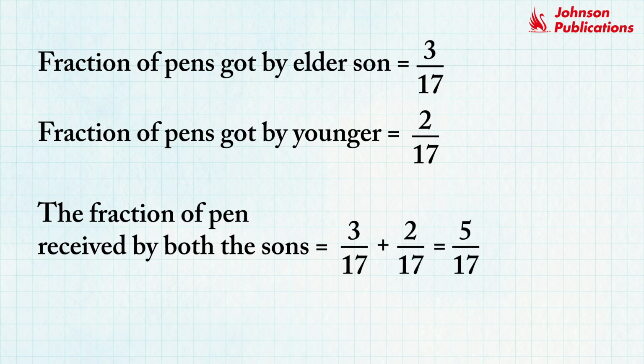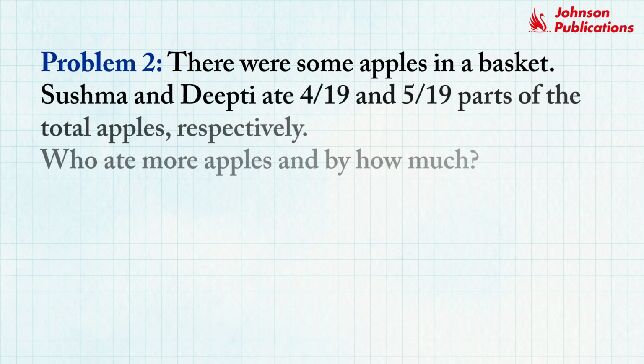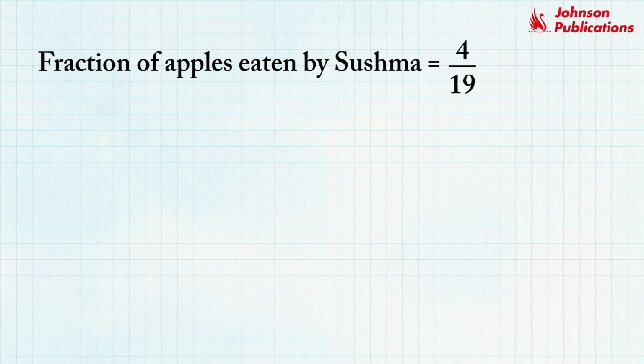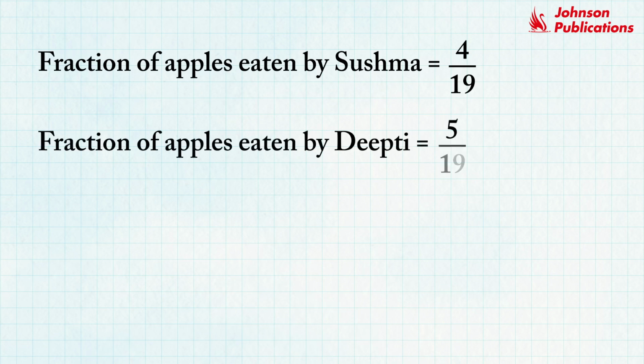Problem 2. There were some apples in a basket. Sushma and Deepthi ate 4 by 19 and 5 by 19 parts of the total apples, respectively. Who ate more apples and by how much? Fraction of apples eaten by Sushma equals 4 by 19. Fraction of apples eaten by Deepthi equals 5 by 19.